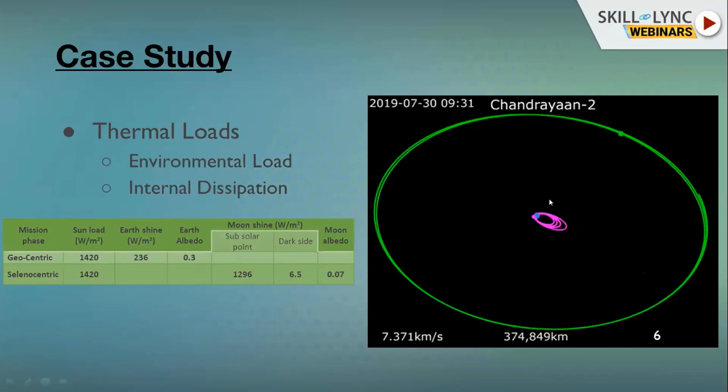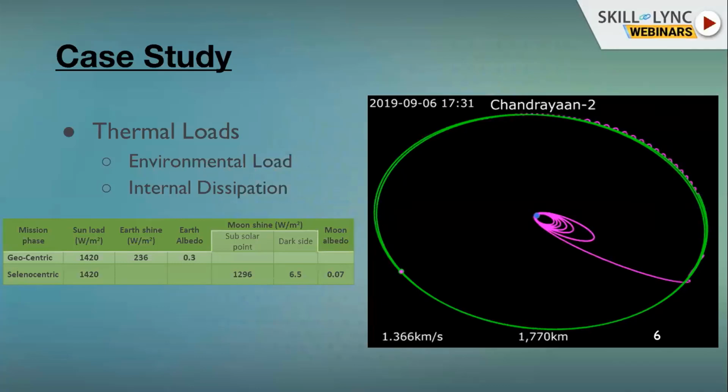Now another phase of the mission is the landing, which we are not going to talk about because it involves different problems of its own, because it's not an orbit anymore. And generally these software tools are not able to model the thermal simulations of the landing scenarios, basically, in which the altitude is always decreasing.